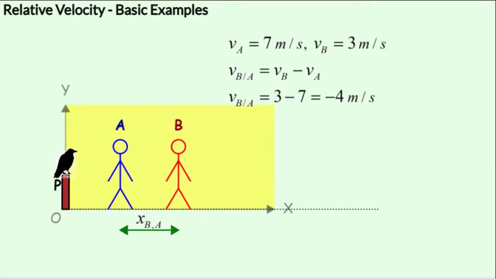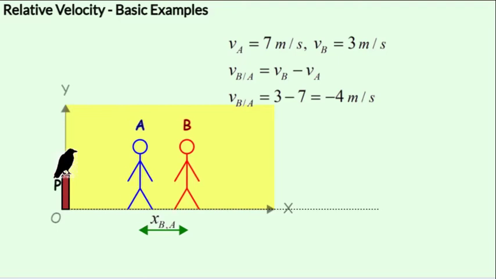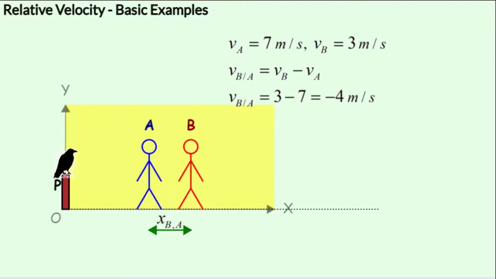Now A moves faster than B. A moves at 7 meters per second to the right, while B also moves to the right but at 3 meters per second. From the formula, VB minus VA will be minus 4. So what would that mean from A's perspective?